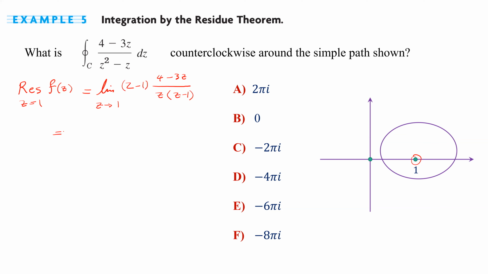So that z minus 1 cancels, so it becomes 4 minus 3z divided by z evaluated at z equal to 1.